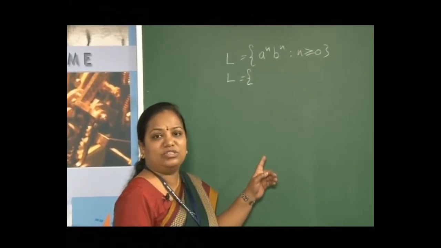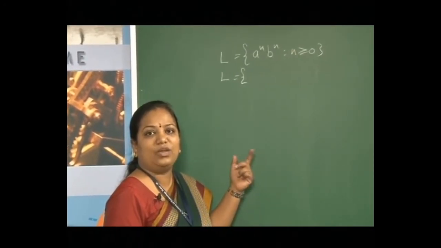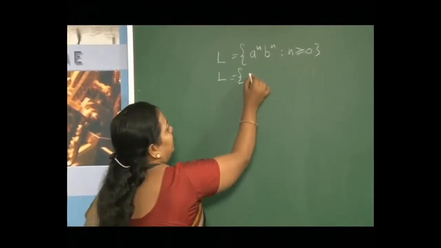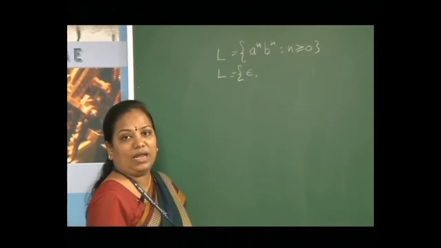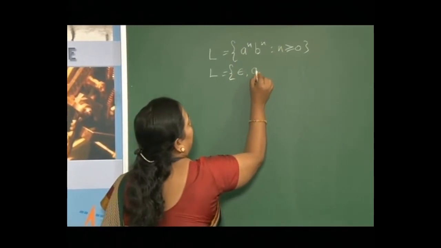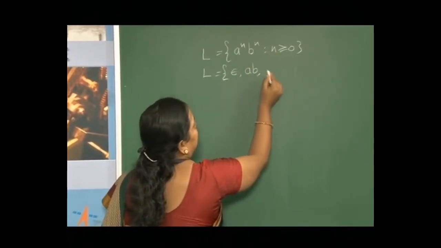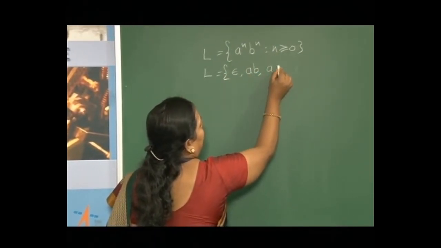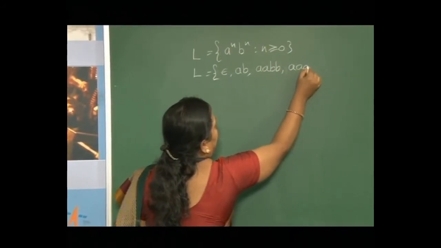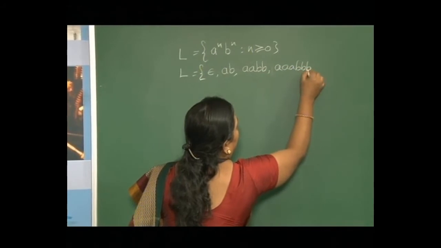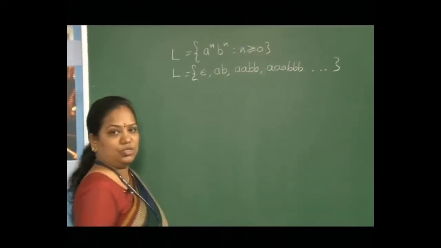If n is equal to 0, the occurrence of A is 0, the occurrence of B is 0, it means the first string obtained is epsilon. Next, if n is equal to 1, then A raised to 1, B raised to 1. Next, n is equal to 2, AABB. n is equal to 3, AAABBB and so on.